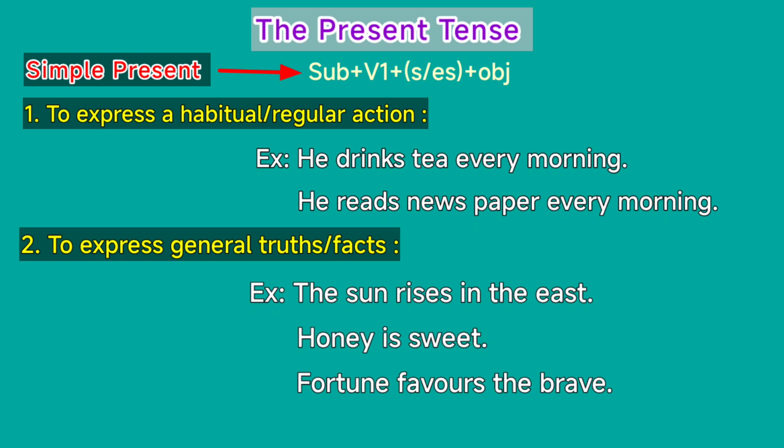Fortune means luck. Luck favors only brave people. I mean, it is also a fact. Those who are brave can win the game or anything that they are doing. They are all facts, so we have to speak or write them in simple present tense. And I hope you are clear now.